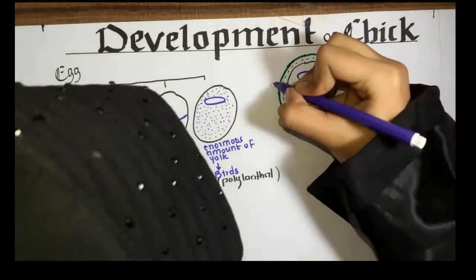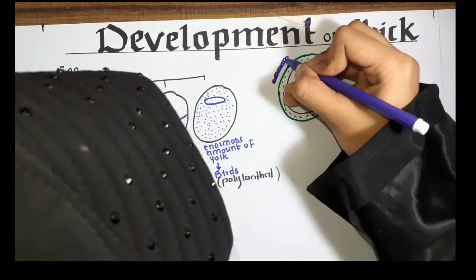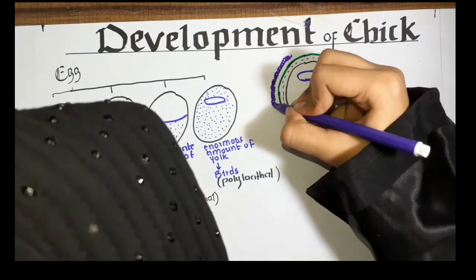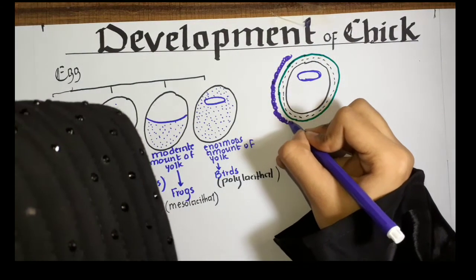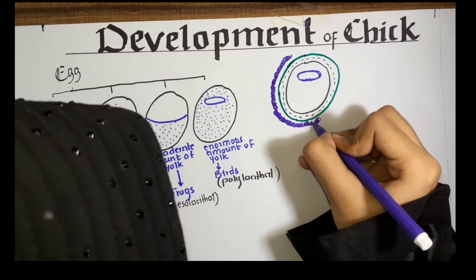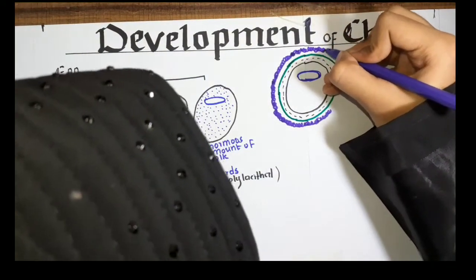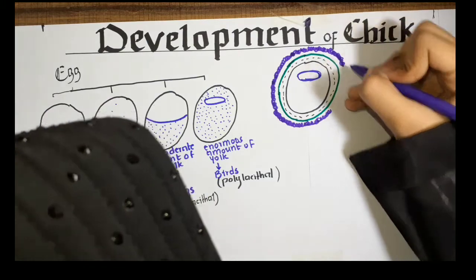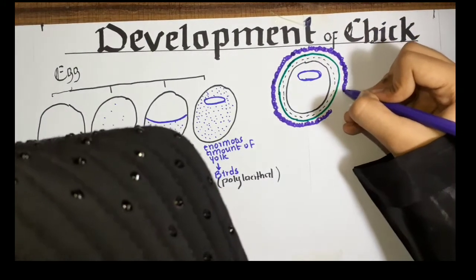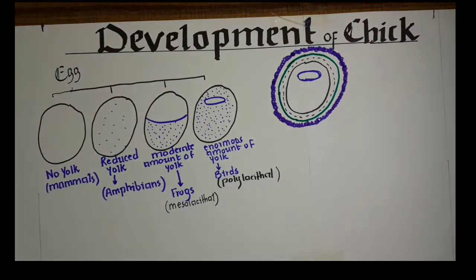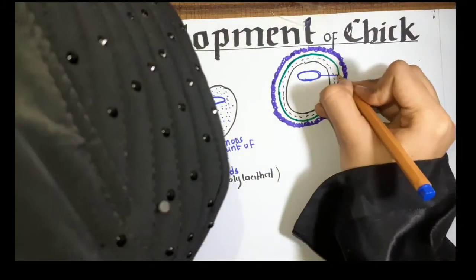From this little portion the embryo will grow, and I have made these multiple layers to show you the different names of these layers, and how well protected the egg of the chicken is, because after it comes outside the body, it needs a lot of protection.